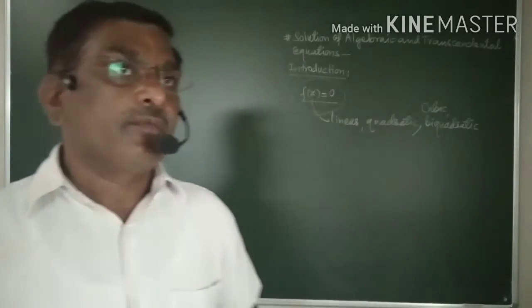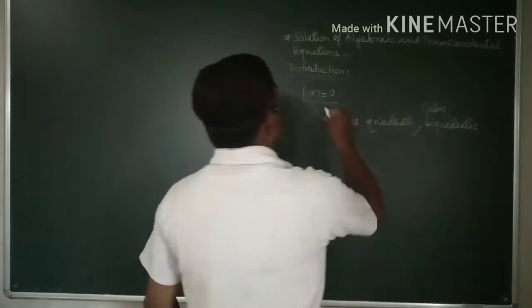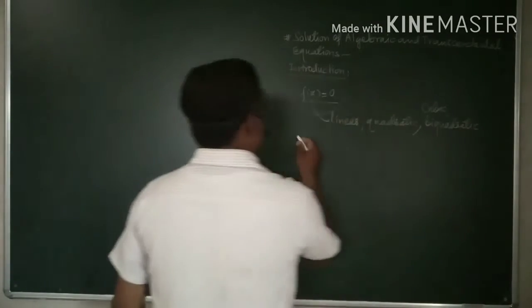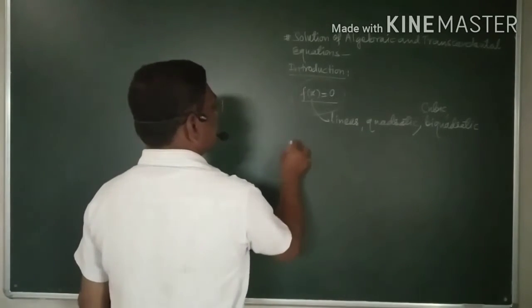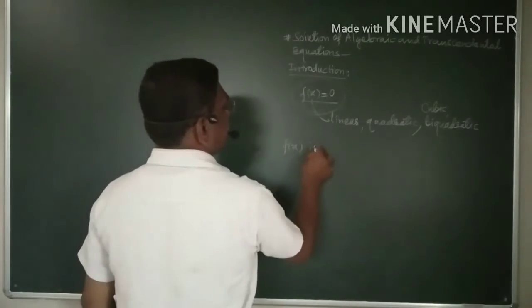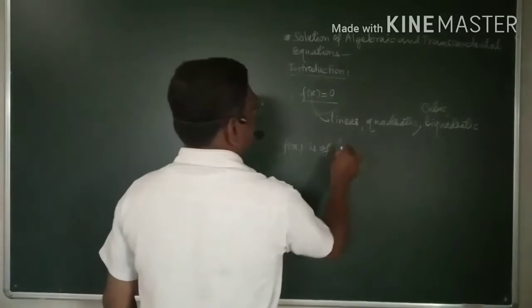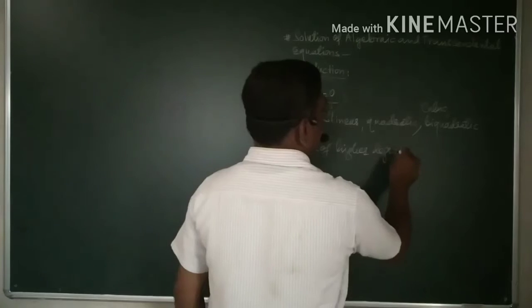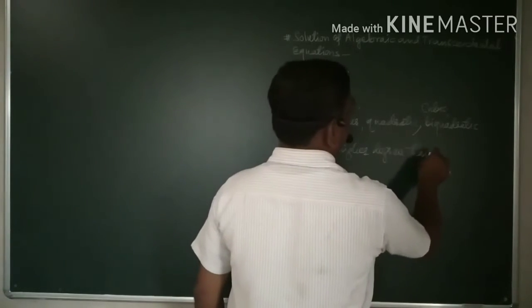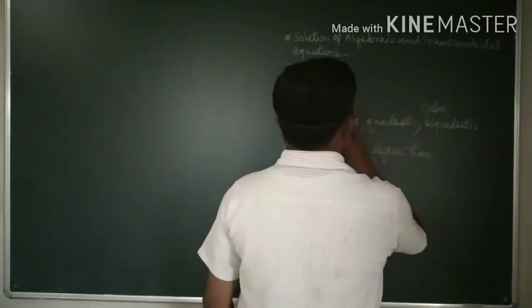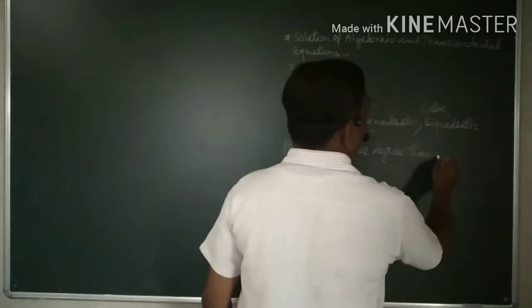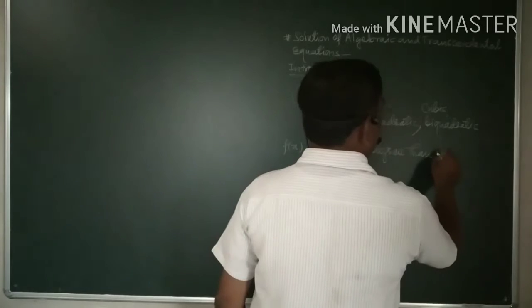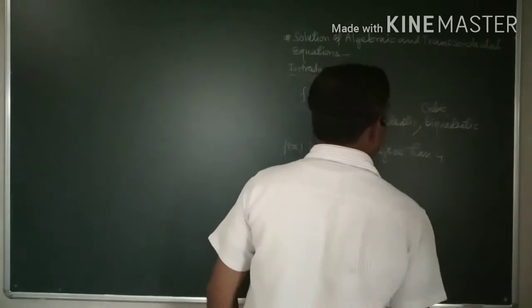But whenever f(x) is of higher degree, this is linear, quadratic, cubic, biquadratic; higher means higher than biquadratic, or higher than 4.